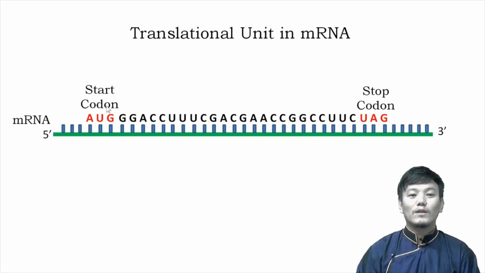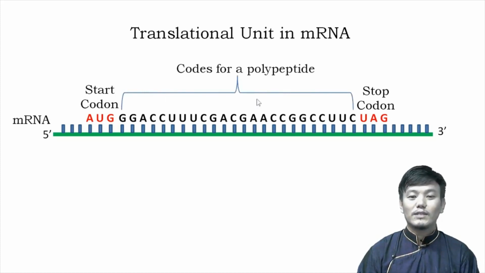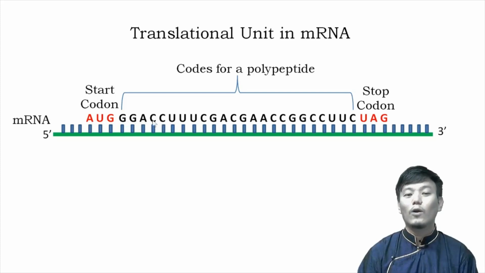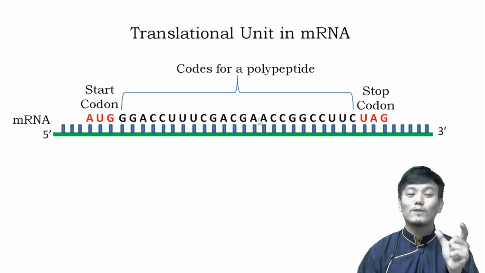Now, this entire translational unit codes for a polypeptide. These are all codons, GGA, CCU, UUC, and they code for specific amino acids.